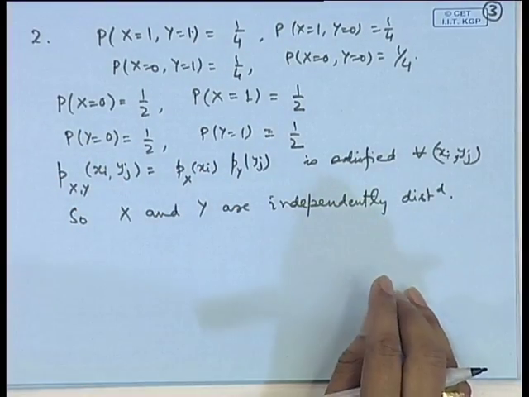So, the main important role of the condition of independence is that it helps us to obtain the joint distributions for independently distributed random variables. Many times we know that these phenomena are independent and we know the individual distributions.